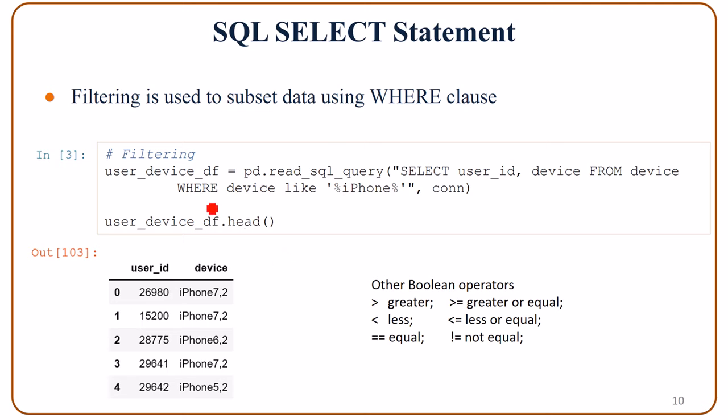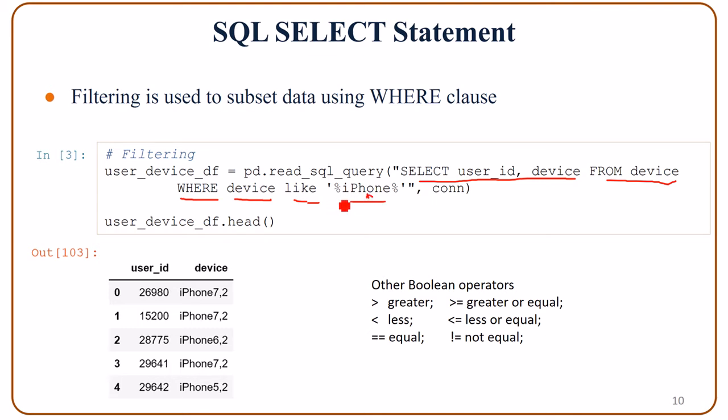Filtering is done using the where clause, right? So this SQL statement: select user ID and device from this table device where device like iPhone. The like operator matches the string that you give here.